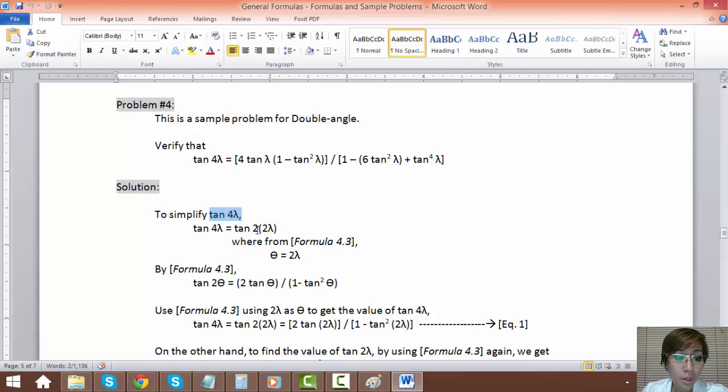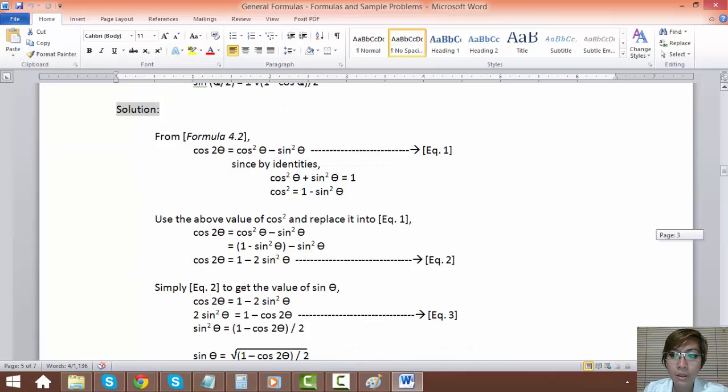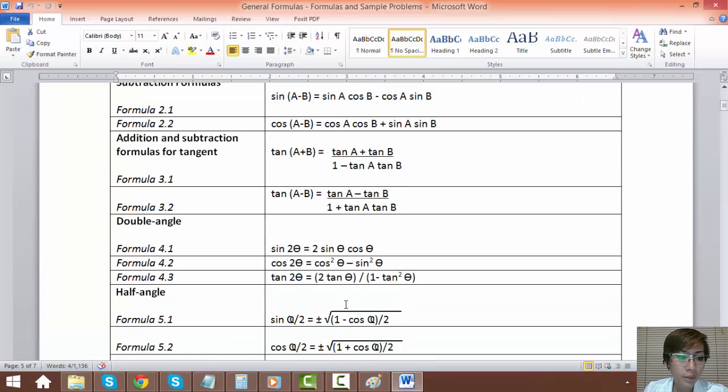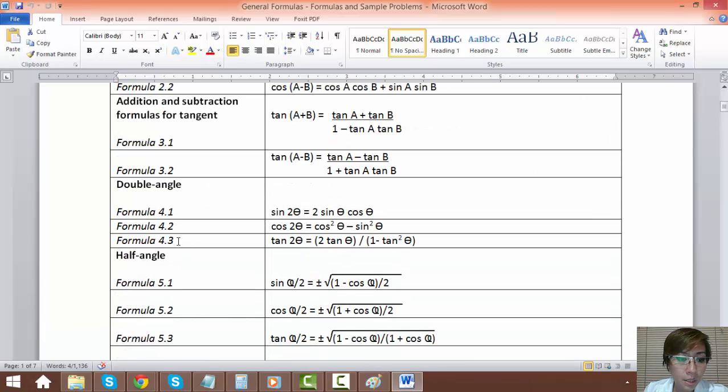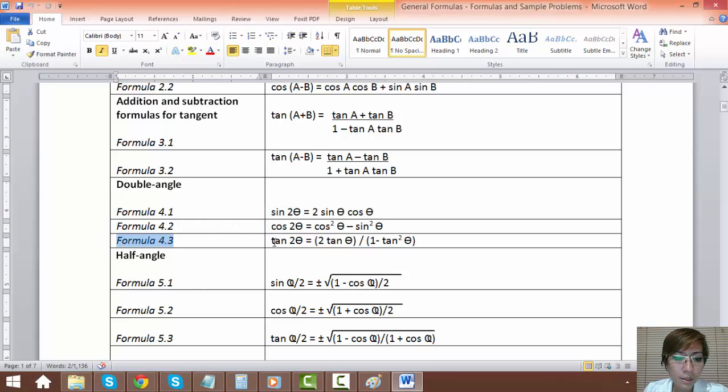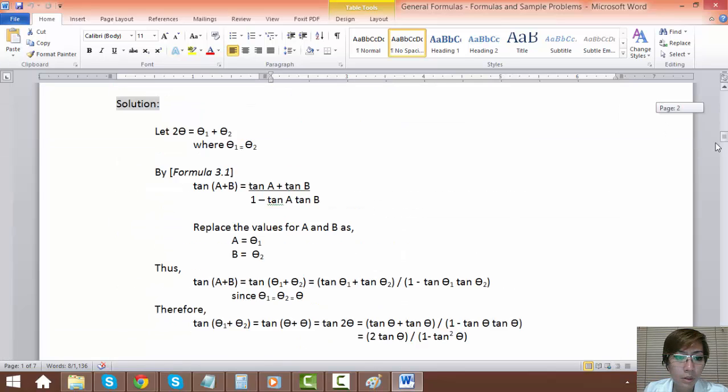So therefore we have here tangent 4 lambda is equal to tangent 2 times 2 lambda, wherein we can base this one from formula 4.3. We'll be checking formula 4.3, and it's here. Formula 4.3 is dealing with tangent 2 theta.